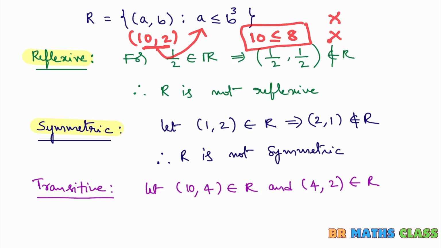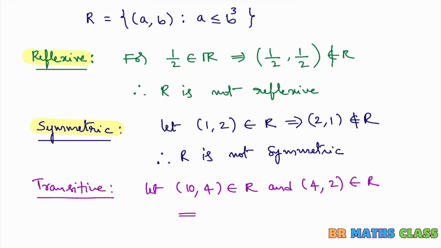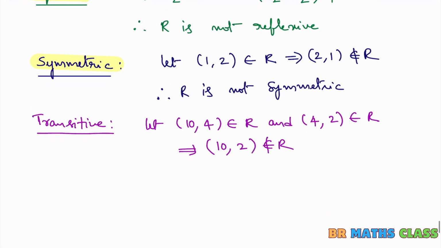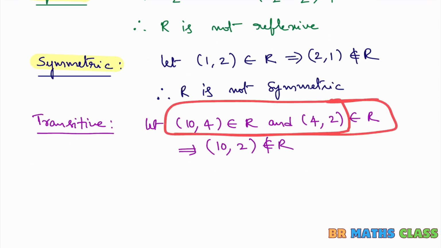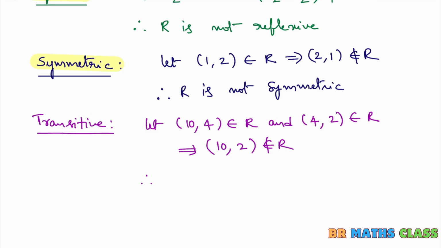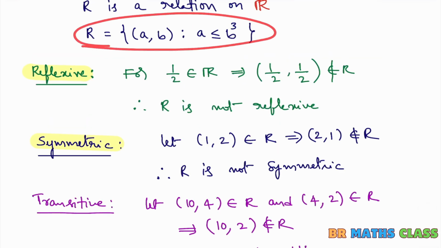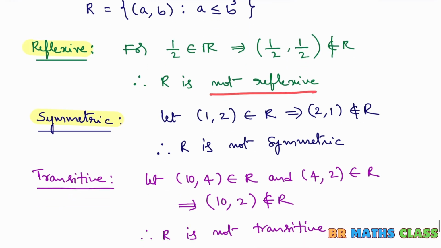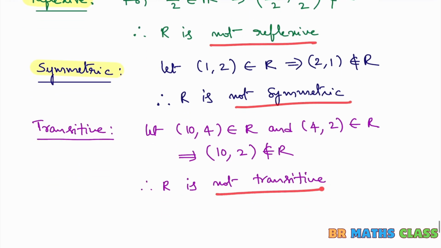No. So this is false. So from this we identified that the ordered pair (10, 2) does not belong to the relation. So what happened? This failed to satisfy the transitive condition. Therefore, I'll write that this relation R is not transitive. Therefore, the given relation is neither reflexive nor symmetric nor transitive.